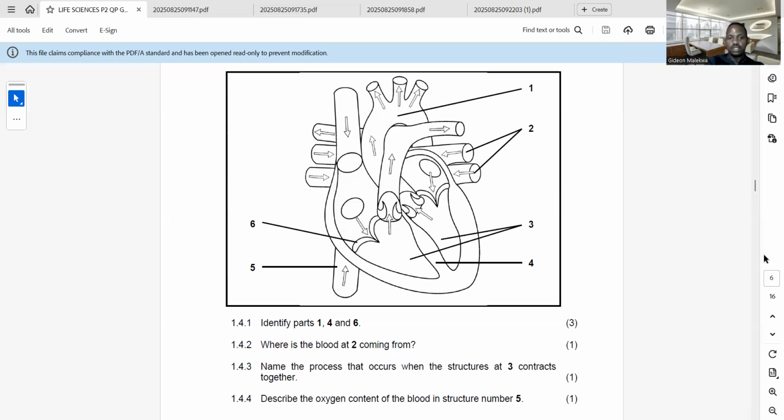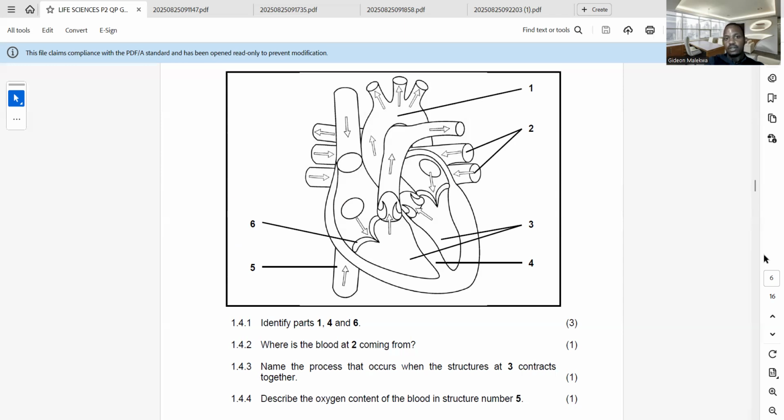Describe the oxygen content of the blood in structure number 5. Structure number 5 is the vena cava, bringing blood back to the heart. That blood has already come from the rest of the body. Oxygen has been used. It has a high level of carbon dioxide and a high level of waste products coming from the rest of the body.